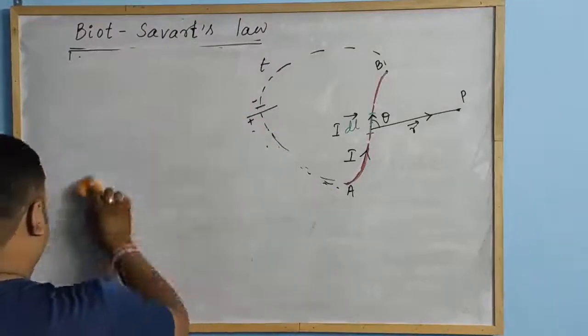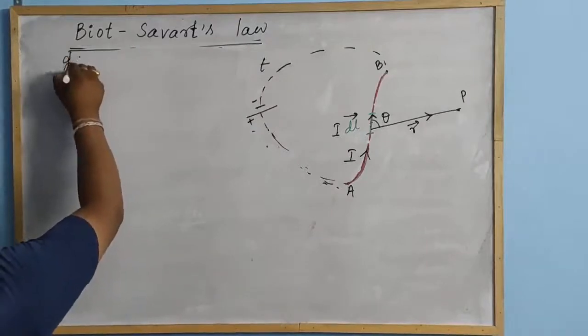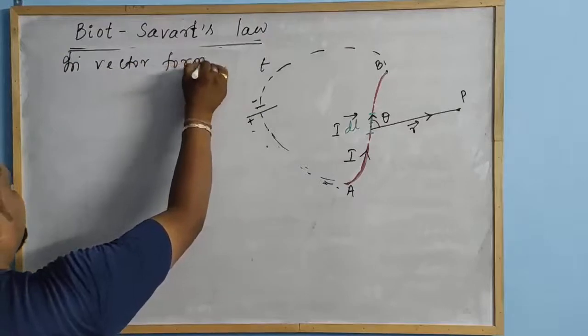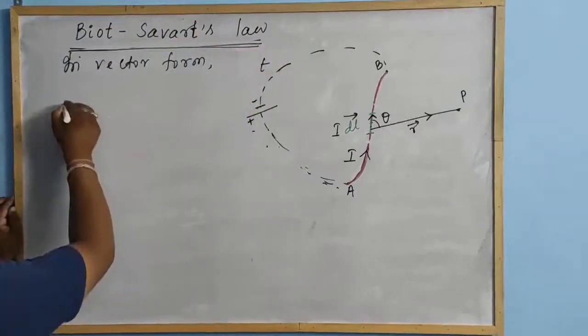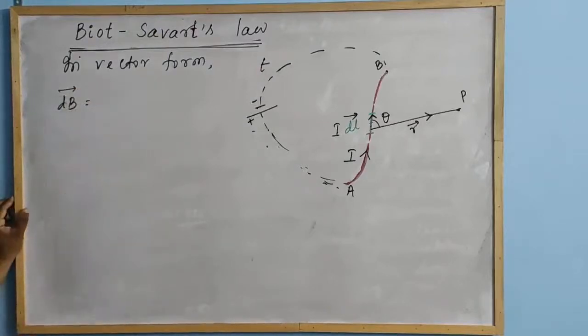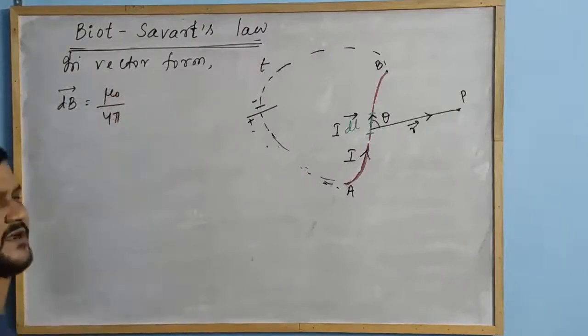The Biot-Savart law can be written in vector form. How can we write that? For a small element, the magnetic field is dB, with the same magnitude factor mu naught by 4 pi. But which are the vectors?